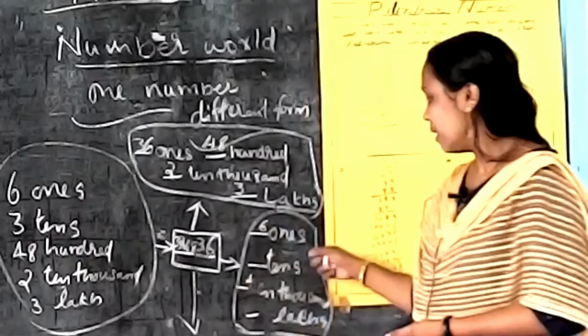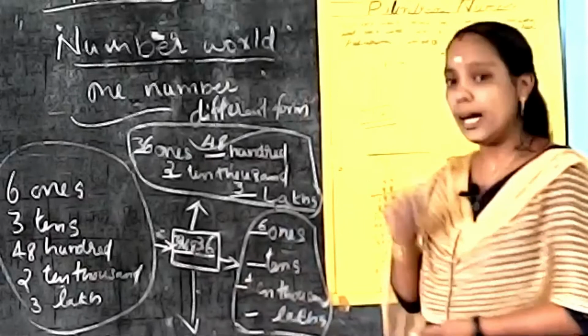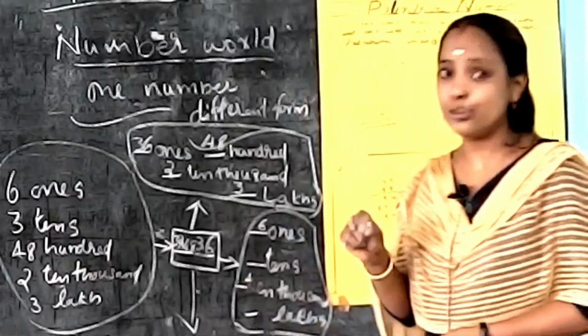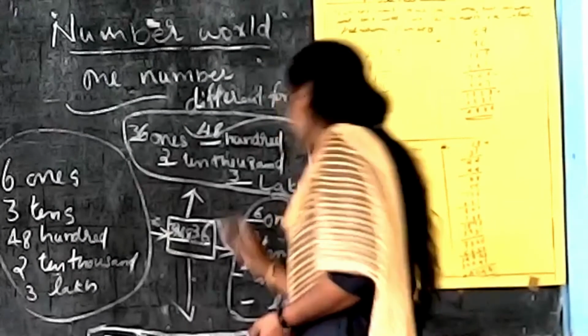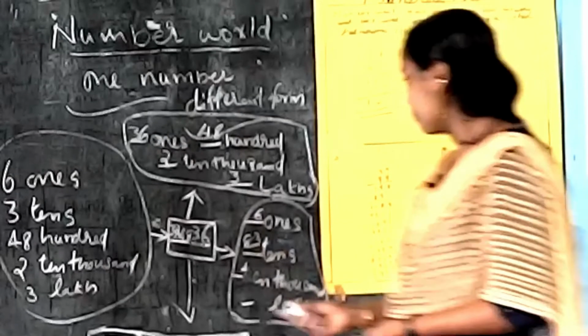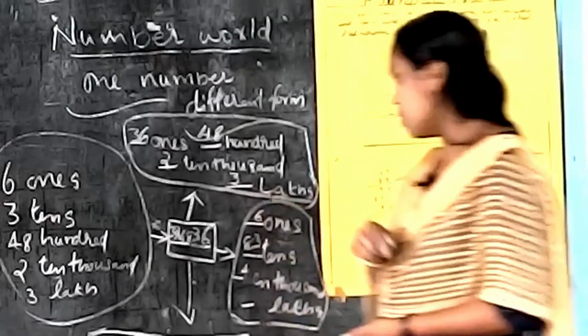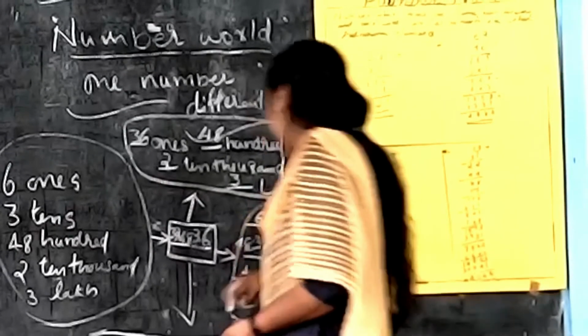That's why 110 are written together. How many tens? 83 tens. Next one, how many 10,000s? 1,000 also wasn't asked. That's why 483, right.